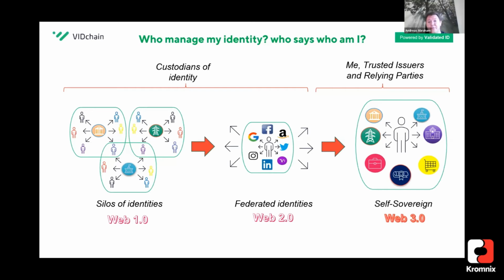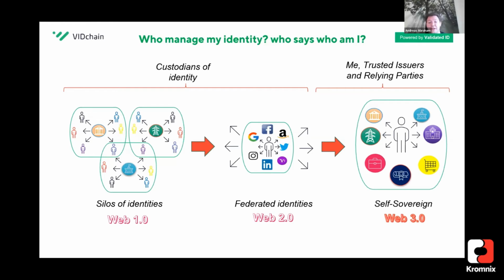If we look at the evolvement of the web, in the beginning we had these silos of identities. People had to create digital identities for each service provider, so lots of service providers were holding lots of identity data.